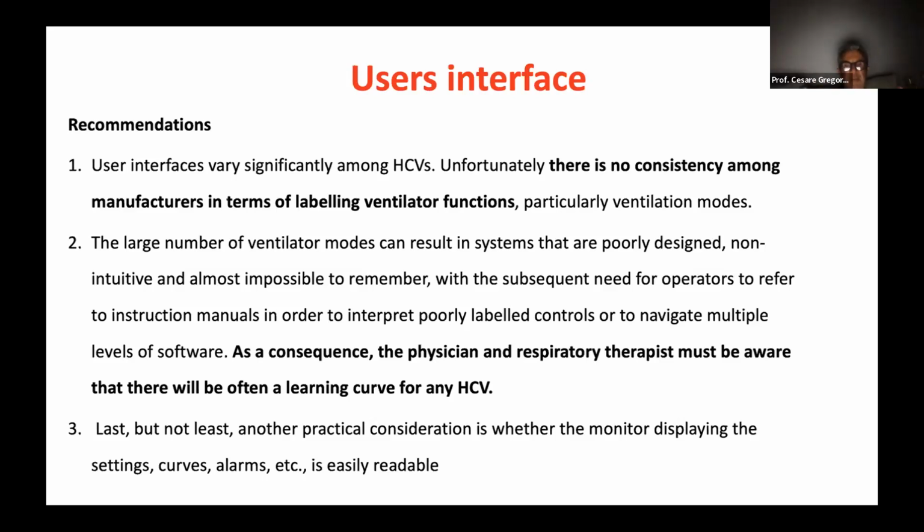As a consequence, the physician and respiratory therapist must be aware that there will often be a learning curve for any home care ventilator. They are often not so intuitive. Last but not least, another practical consideration is whether the monitor displaying the setting, curve, and alarm is easily readable. This is an important issue too. Going on.